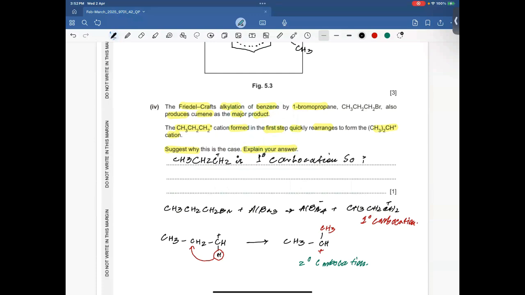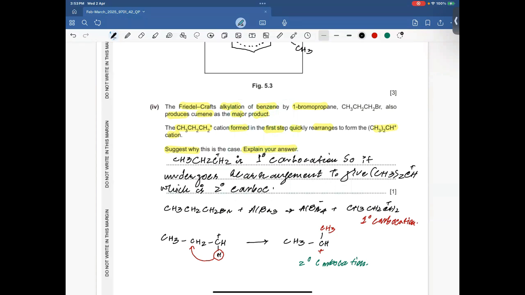So it undergoes rearrangement to give CH3 taken to CH positive, which is 2 degree carbocation, which is more stable than 1 degree carbocation.